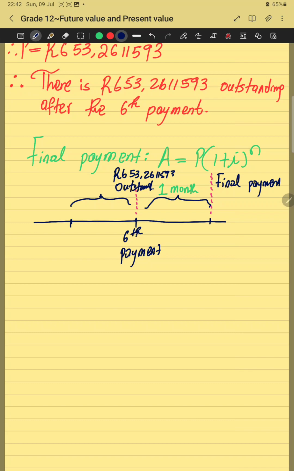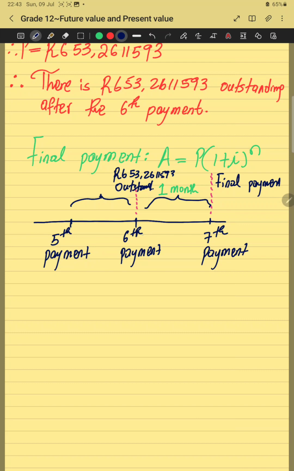And then if you round off here, and we just take those digits after the comma from 6, then we're going to get the 7th payment. That 7th payment is that 1 month interest. And before 6, definitely there were payments. All right, I hope now you understand.